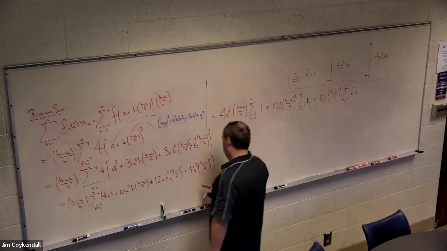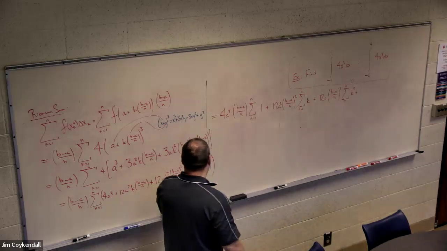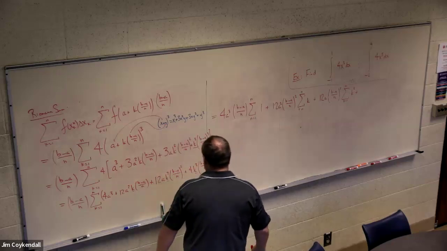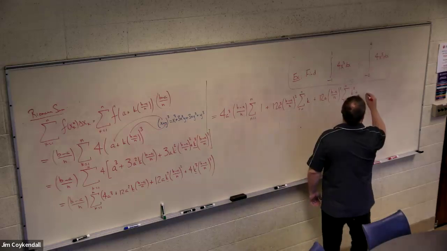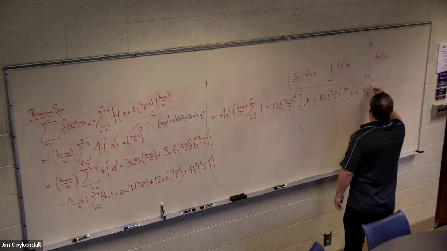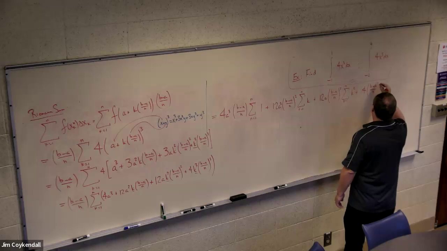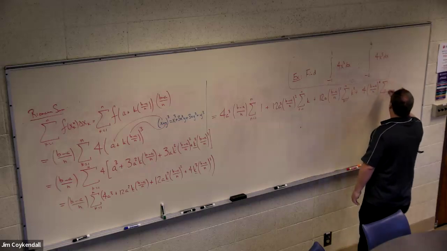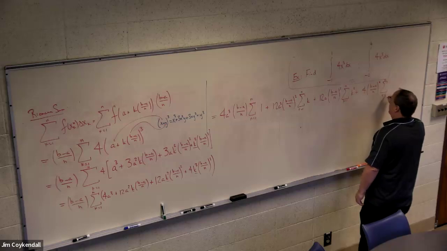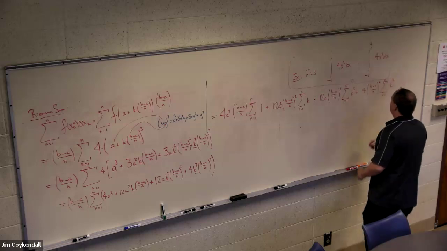And finally, I'm gonna plug in 4 times (b minus a over n) to the fourth power, sum of k.